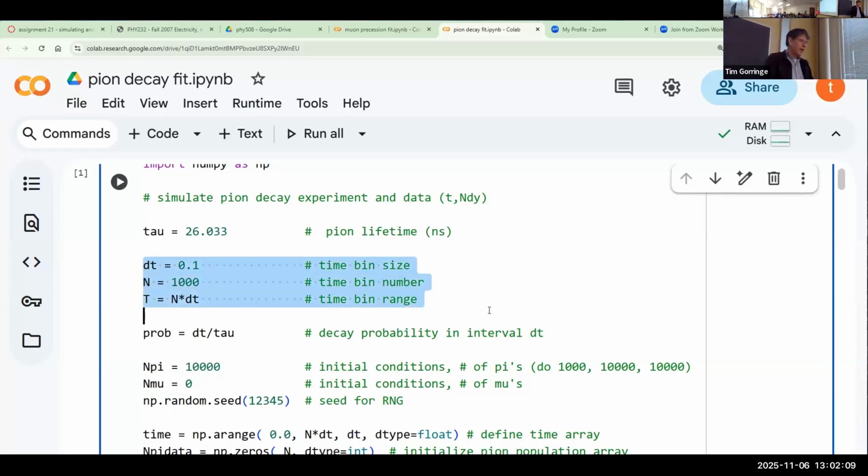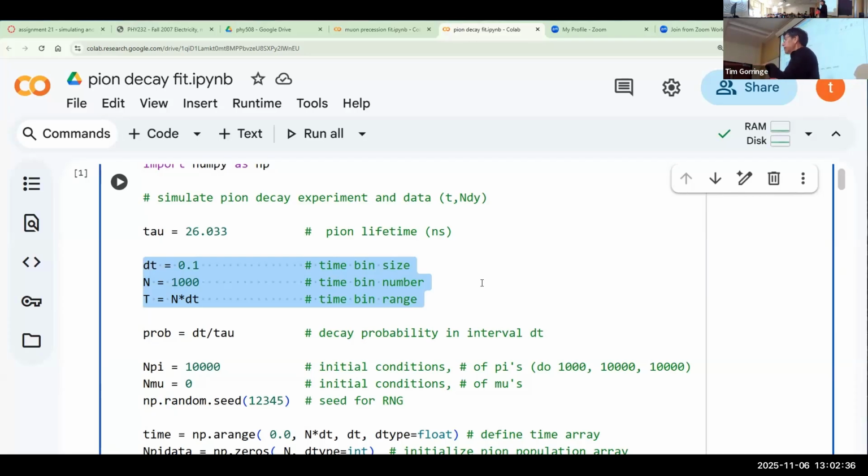I'm going to simulate the measurement of a time distribution of pion decays. And so if I'm building a time histogram, I'm going to specify the size of the time bins. I'm going to specify the time range of the histogram, and I can calculate the corresponding number of bins. And so that's what I've done in these three lines here.